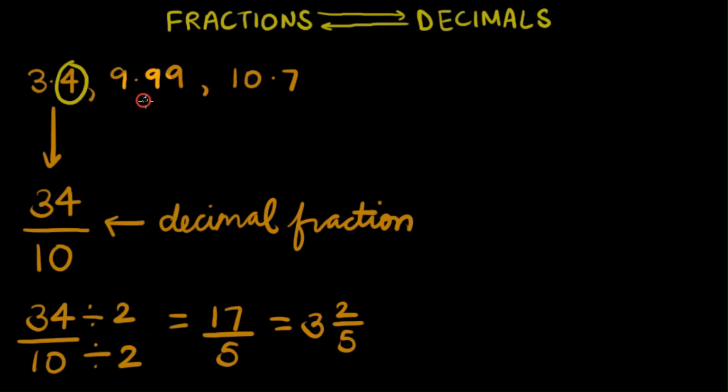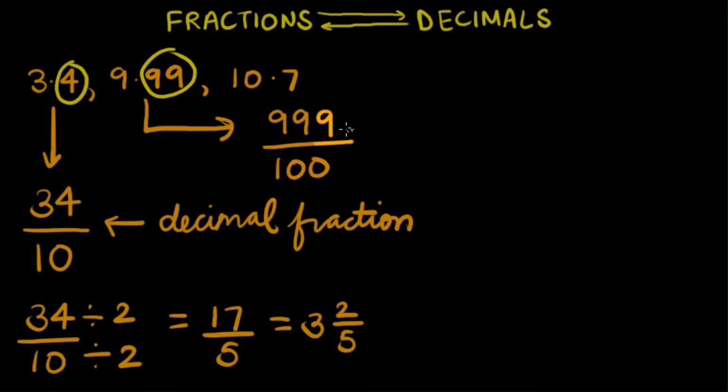Now let's see 9.99. This will be a little different because it has 2 digits after the decimal point. If you remove the decimal point, it will be 999. And because there are 2 digits, there will be 2 zeros after 1. So it will be 999 upon 100.